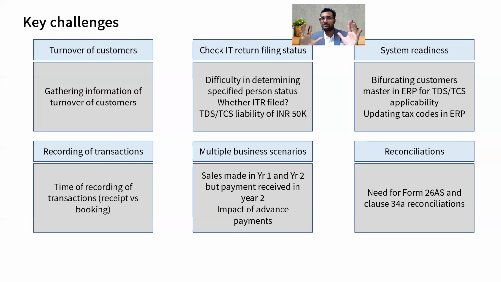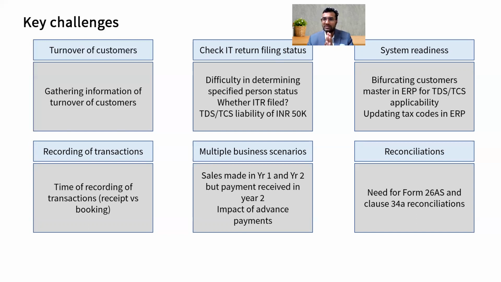But the entire intent of the government to bring both of these sections: Section 206C(1H) was applicable from 10th of October 2020. Section 194Q is applicable from 1st of July 2021. So in such a short span of time, the government has come ahead with a couple of sections back to back. What is the intent?